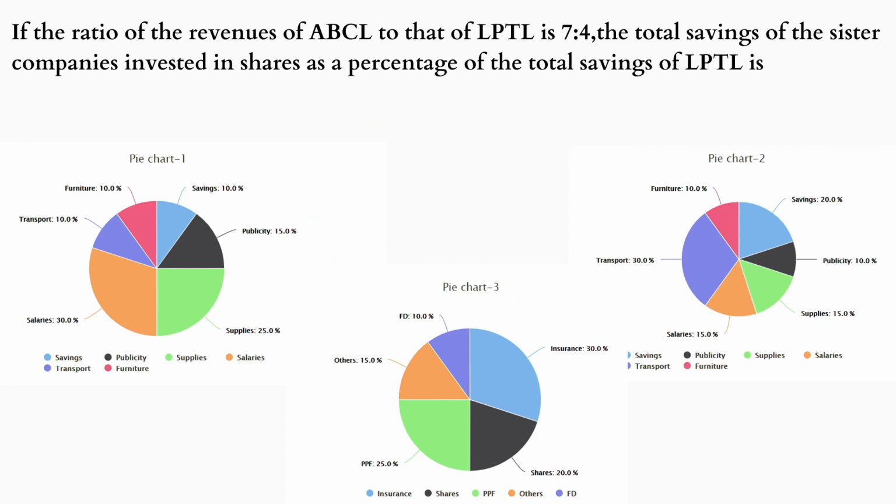If the ratio of the revenues of ABCL to that of LPTL is 7:4, the total savings of the sister companies invested in shares as a percentage of the total savings of LPTL is? Here we are asked shares. In the previous slide, we were asked to find the insurance. Now shares. The ratio is given 7:4, so this is for company ABCL and this for company LPTL.